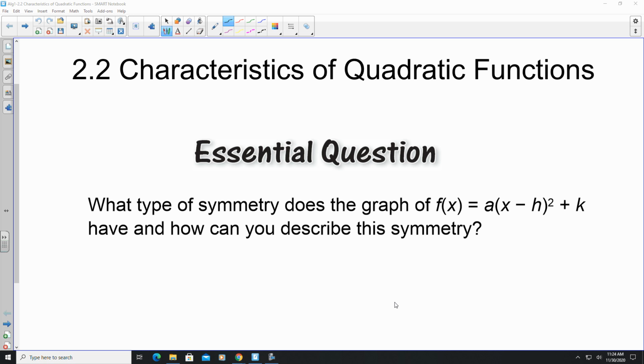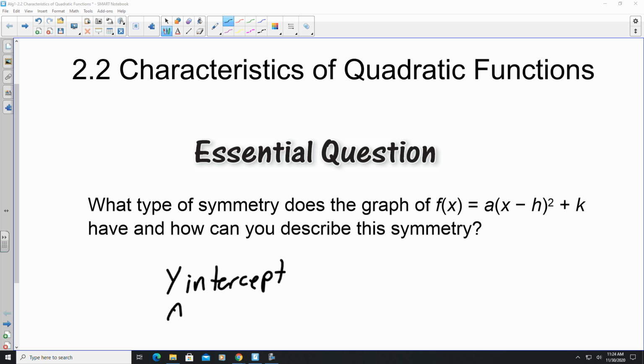Depending on the type of quadratic function that we're given, whether it's standard form, vertex form, or x-intercept form, we had these main points that we need to look for. We were looking for the y-intercept of the quadratic.